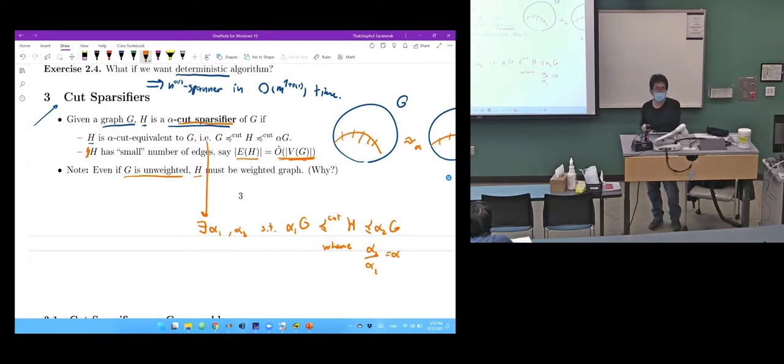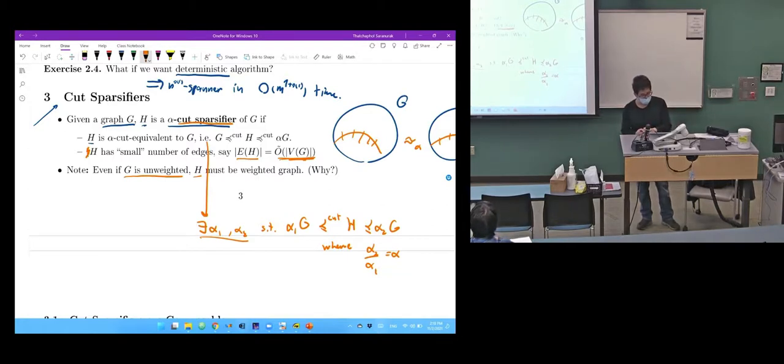This is the definition we talked about. So they are equivalent up to scaling. Actually, very good point. If we really use this definition, then it's possible that H is an unweighted graph.